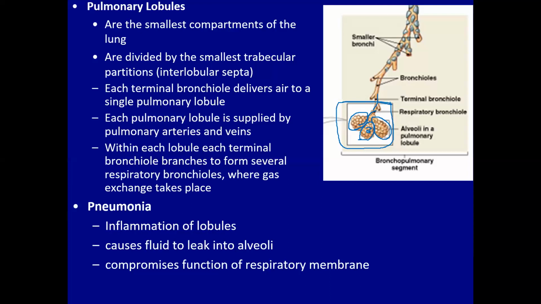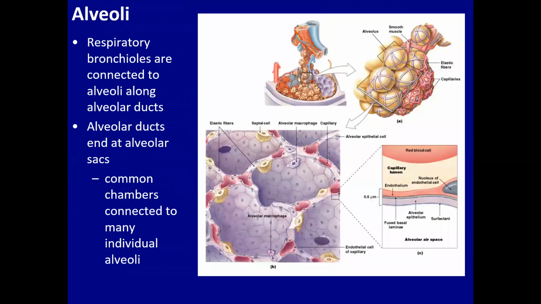But when I tell you to think of it as a grape, please don't think that it's solid on the inside. It's a hollow grape. It's sacs of hollow grapes, or bunches of hollow grapes. And you can see that in this picture. This is a cross section.